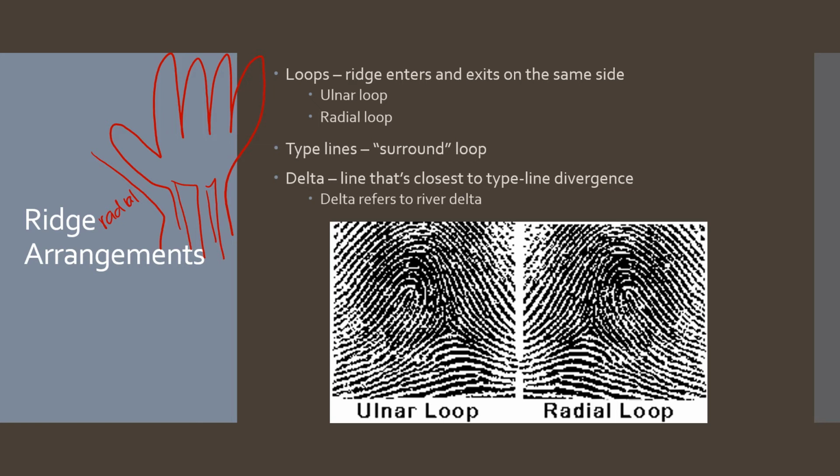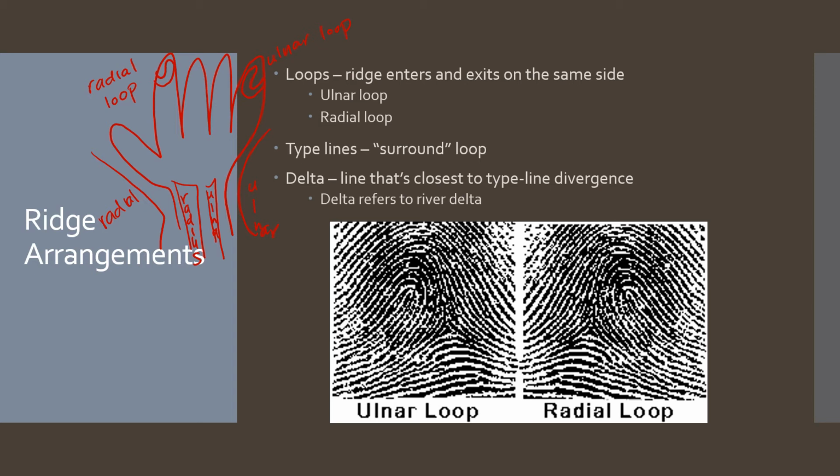The one closest to your thumb is your radius, and the ulna is the pinky side. So this is the ulnar. If you have a loop that enters and exits on the ulnar side, this is an ulnar loop. And if it enters and exits from the radial side, that's a radial loop.